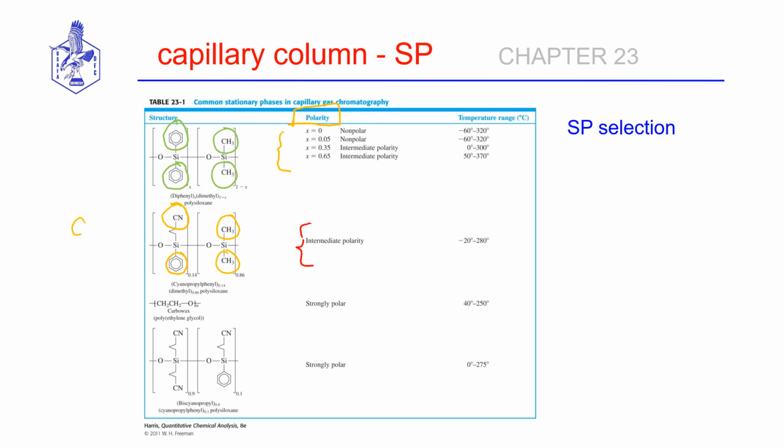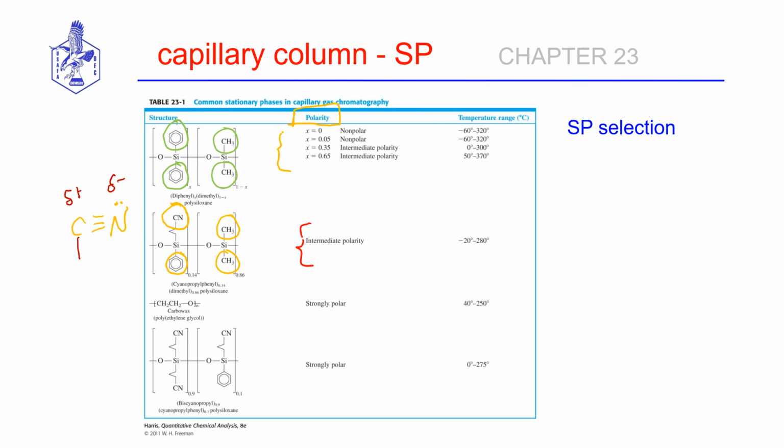So remember, carbon triple bond to nitrogen. Nitrogen's electron withdrawing, so this is going to be electronegative this way and this way. So that's going to be a more polar entity on the stationary phase surface. So it's better to be used to separate analyte species that are in that intermediate polarity range.